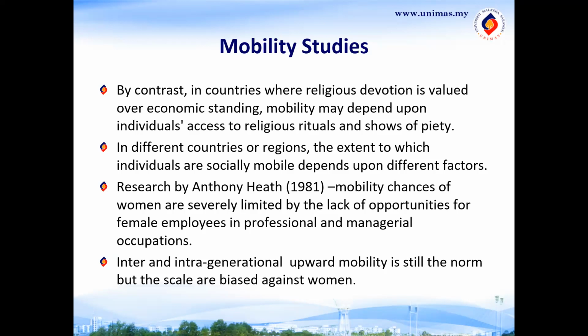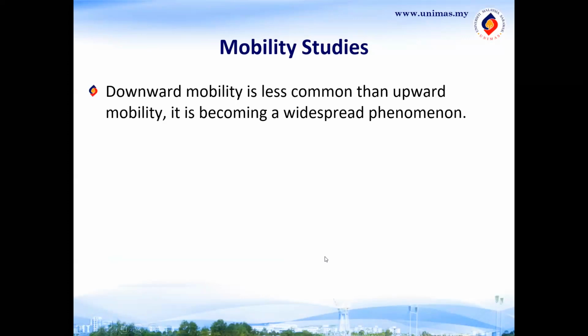Yeah? Right, intra as well as inter-generational mobility. So bias against women, yeah, tends to be more for men and less for women. And also downward mobility, according to findings of some studies, is less common than upward mobility. Jadi kebanyakannya mobility sosial ini banyak berlaku upward, ya, rather than downward.